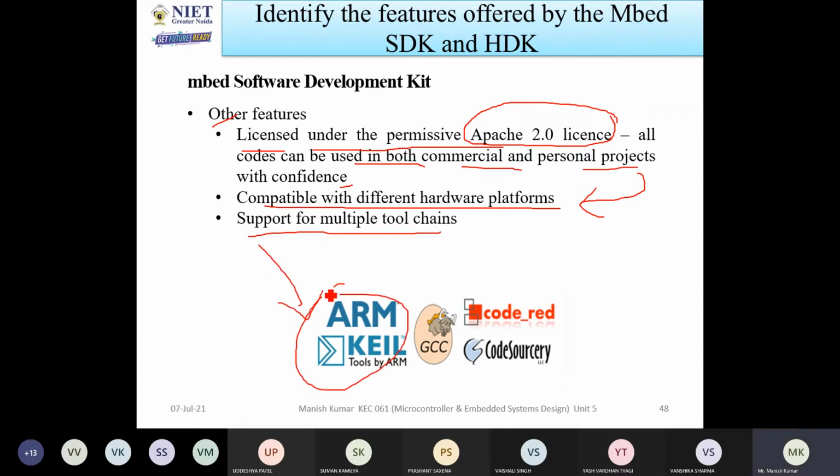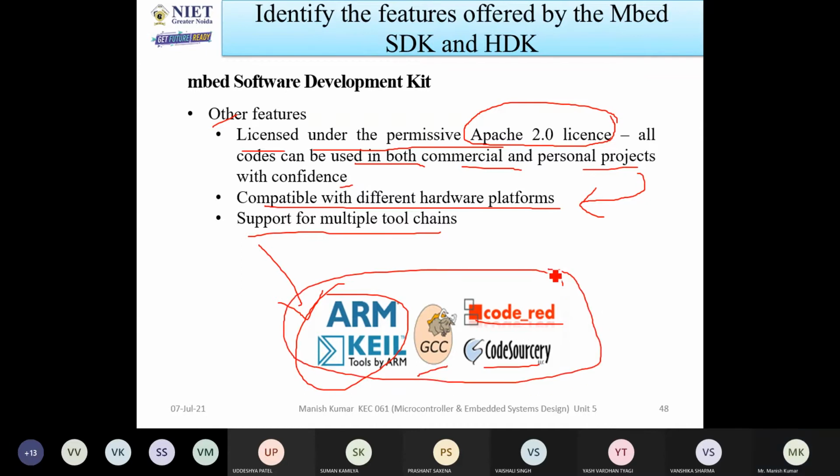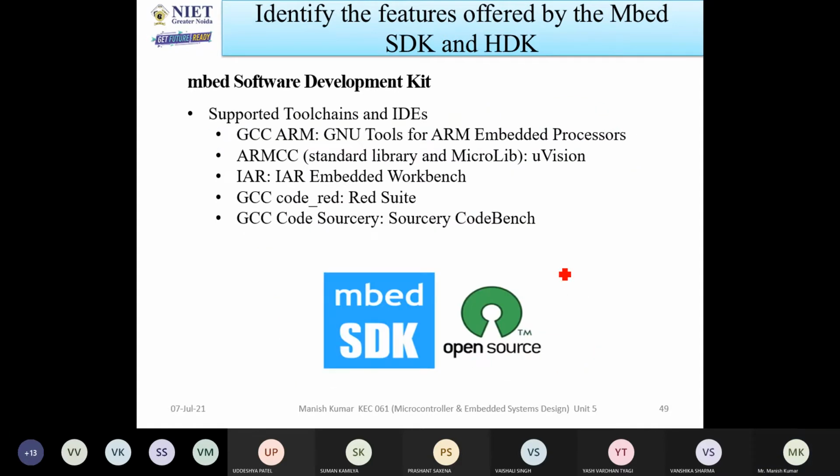With the help of this, you can write the code, dump the code onto the hardware, and verify the result. In the same way, Code Red, Code Source, the GCC. These are all types of compilers. All of you know about that. What is the use of compilers? You compile the programs and make an executable file.